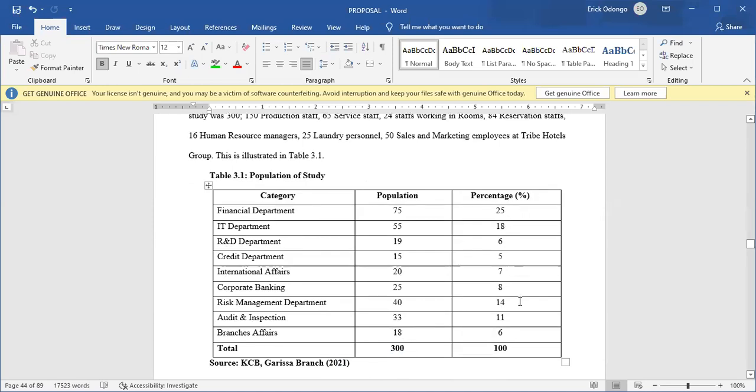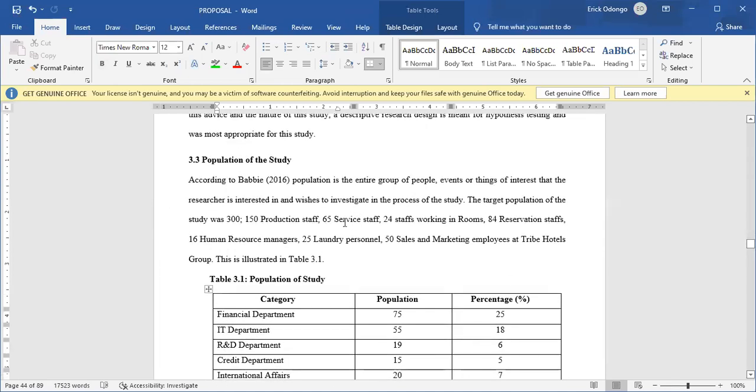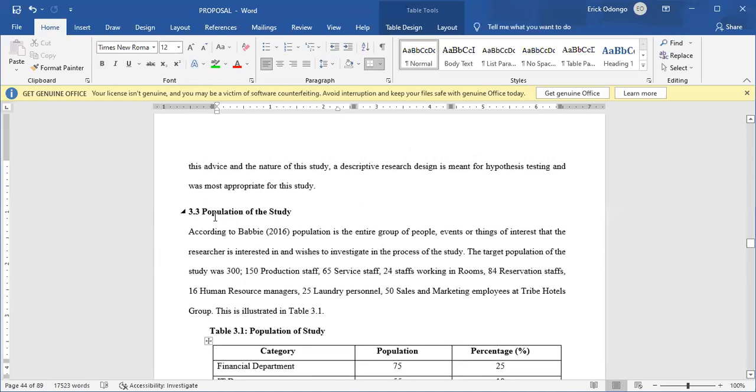Percentages, you just convert, and that gives me 100. Total population, 300, percentage is 100. Source, KCB, Garissa branch, 2020, the year I'm conducting the research. You must indicate the source. So that is the population of the study at 3.3.